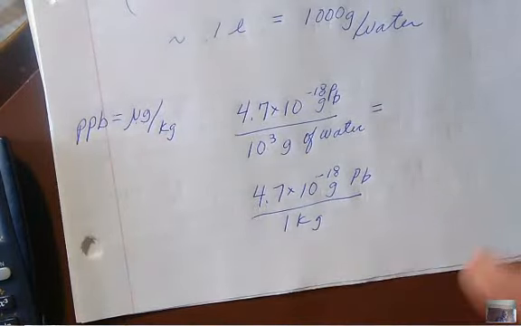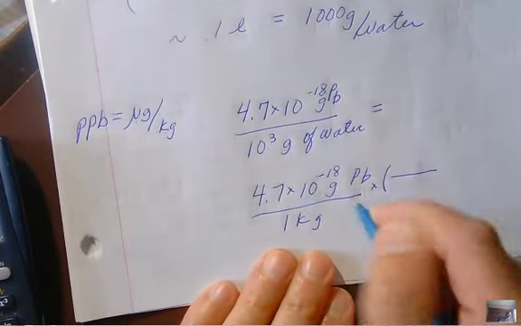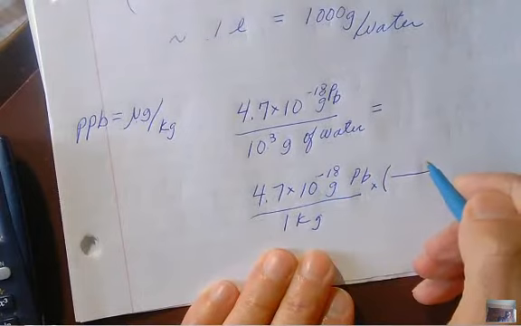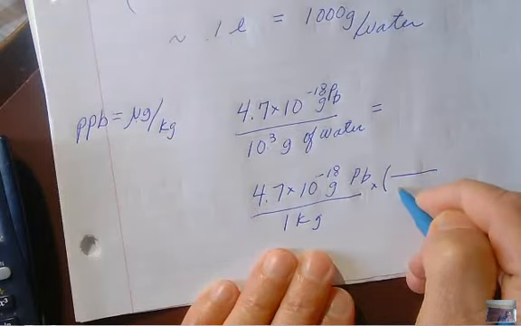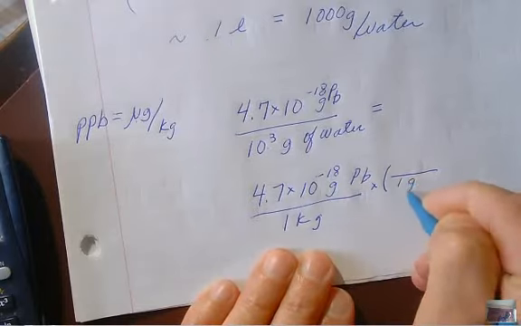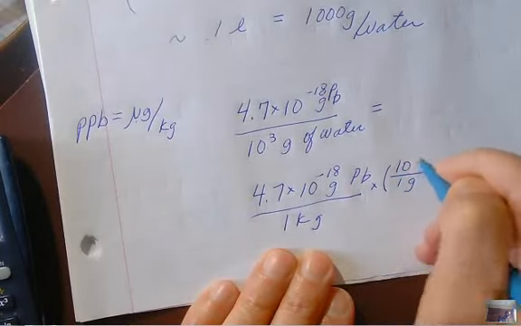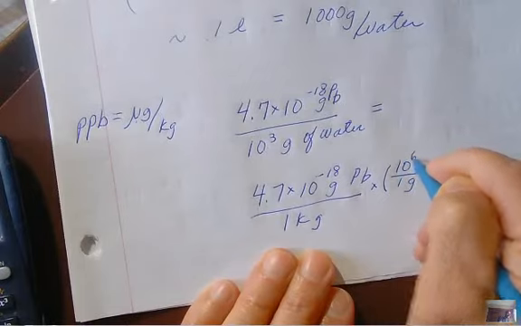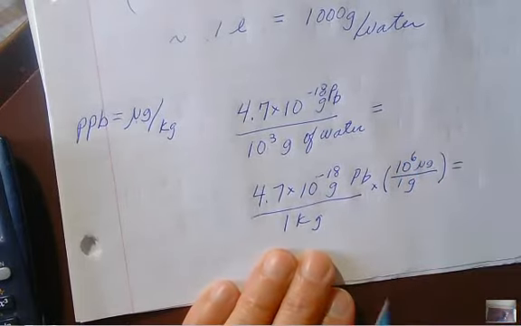So if that's 10 to the minus 6th, I want to get the top to micrograms. I can say that in every 1 gram, there are 10 to the 6th micrograms, 1 million micrograms in a gram.